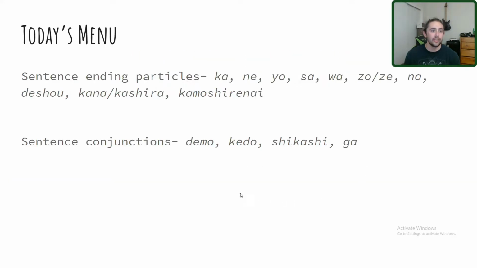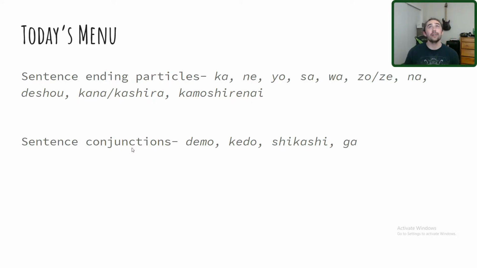This is a doozy. All right, today's menu. Sentence ending particles. Look at this. This is not even all of them. But today we are going to be covering ka, ne, yo, sa, wa, zo, ze, na, desho, kana, kashira, kamoshirenai. Whew, that's a lot of them. And then we're also going to be doing some conjunctions.